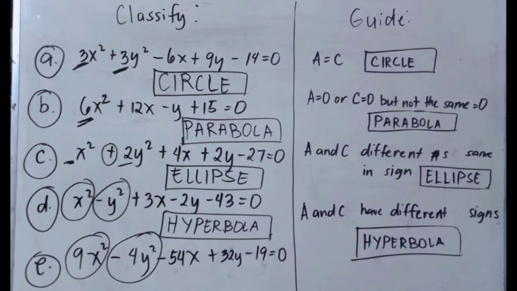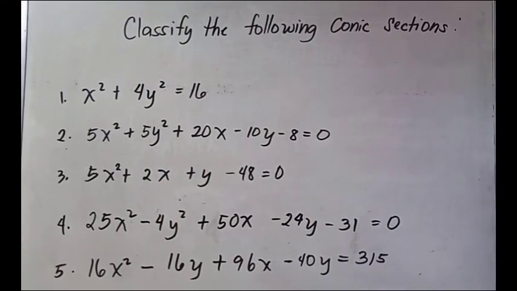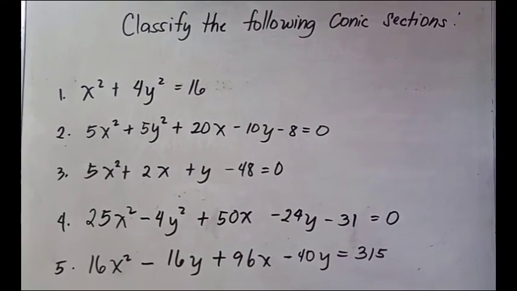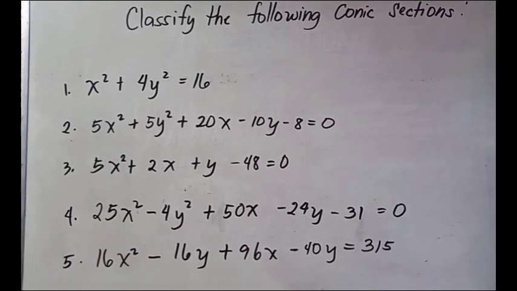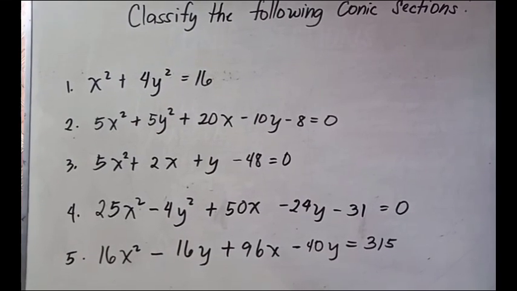And it was said a while back that if a and c have different signs, then that equation forms a hyperbola. Very good. So that is all for the classification of conic sections. Now it's your turn to classify these given equations using the guide.